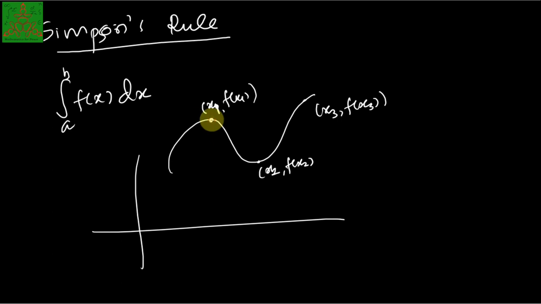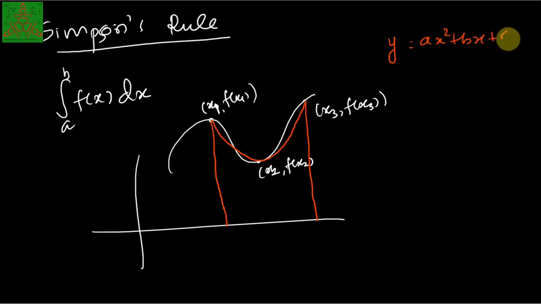So we consider this parabola which passes through these 3 points and we calculate the area under this parabola. We know that y equal to ax square plus bx plus c is the form of this parabola, which I have drawn by the red line.